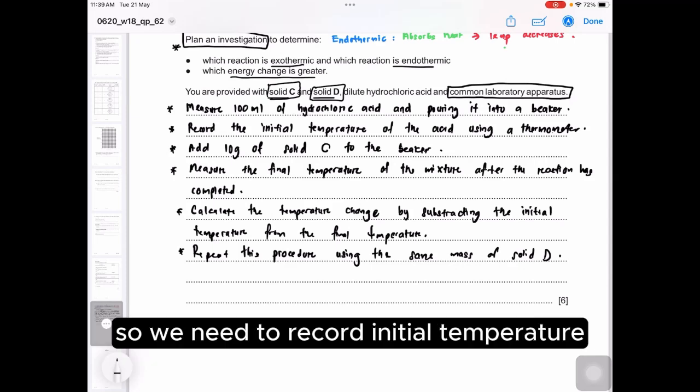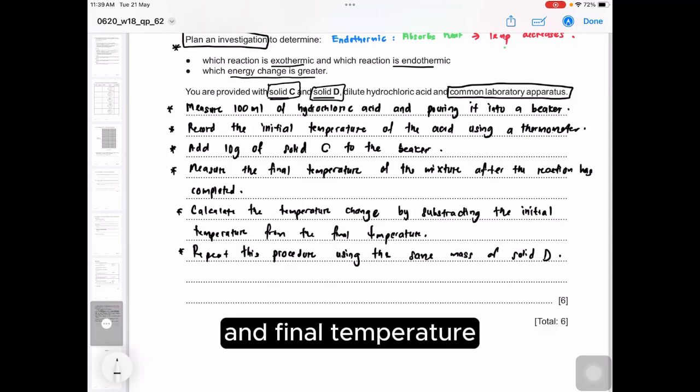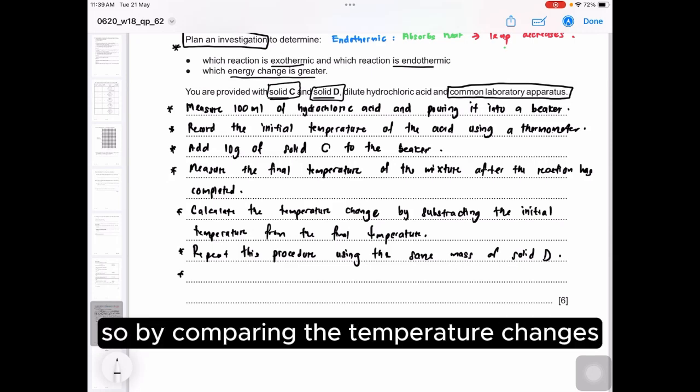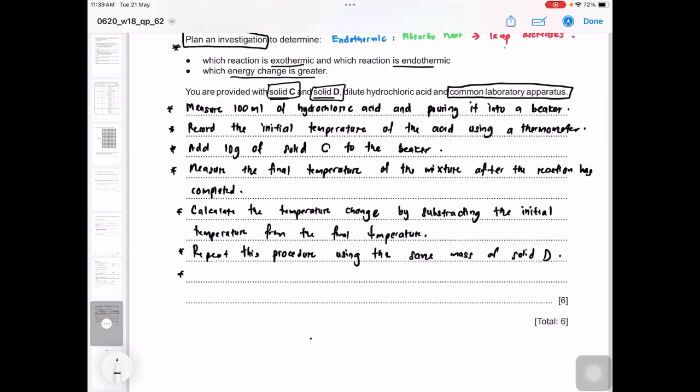So, we need to record the initial temperature and final temperature and calculate the temperature change for this reaction as well. So, by comparing the temperature changes, you can determine which reaction is exothermic and which reaction is endothermic.